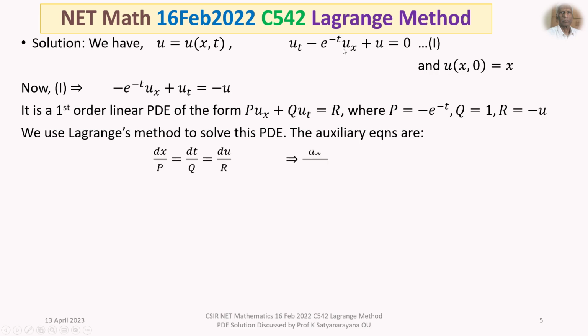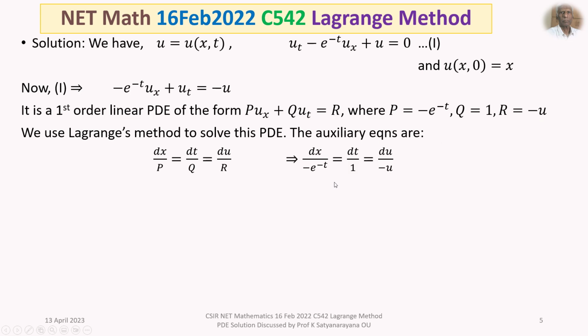The Lagrange's auxiliary equations are dx by P is equal to dt by Q is equal to du by R. That implies dx by minus e power minus t is equal to dt by 1 is equal to du by minus u.